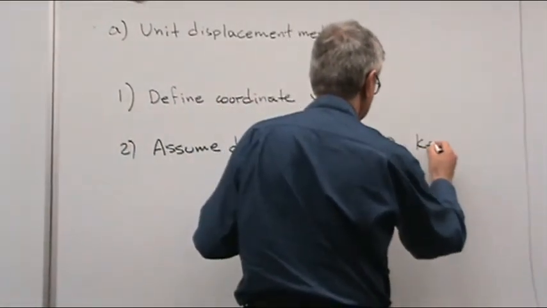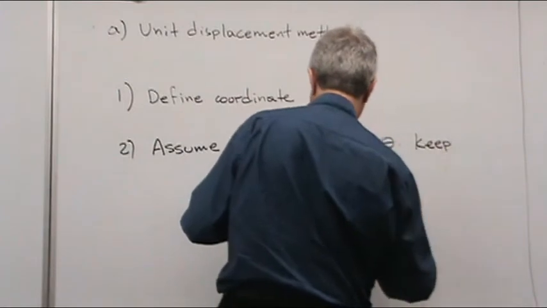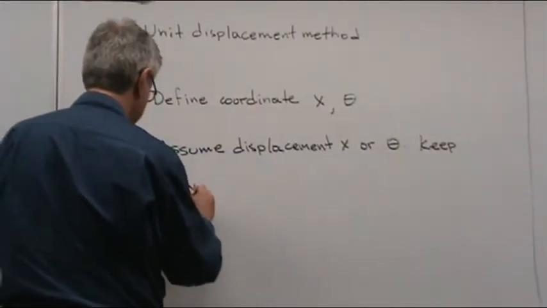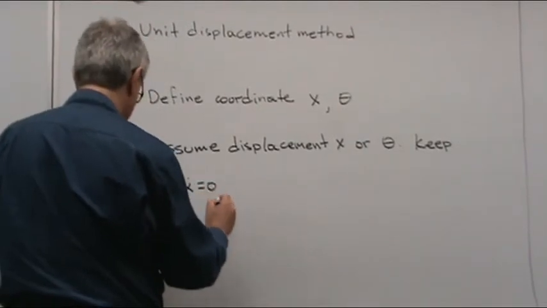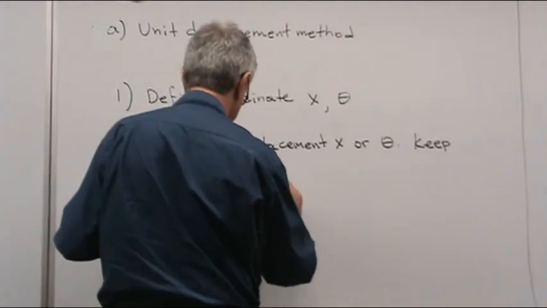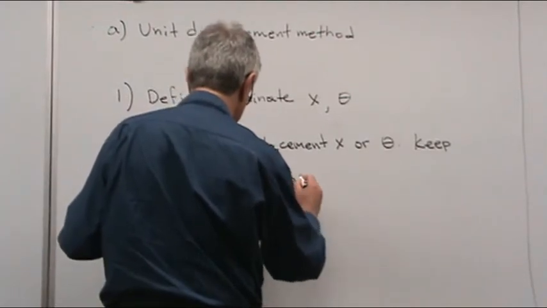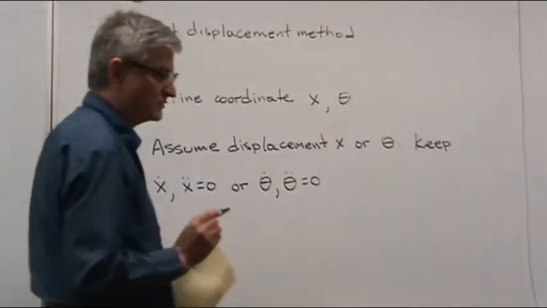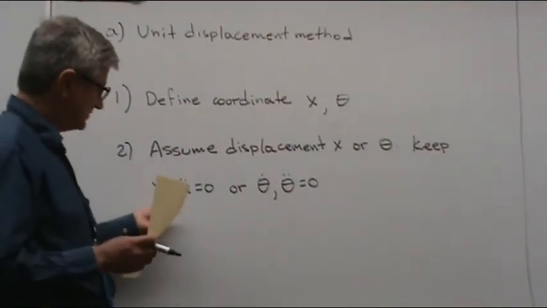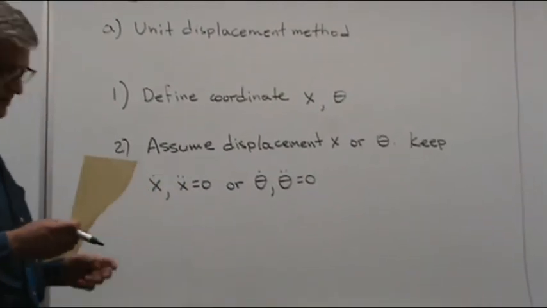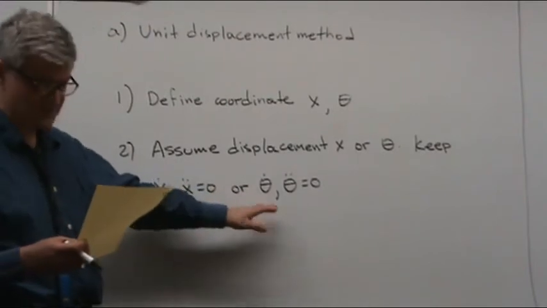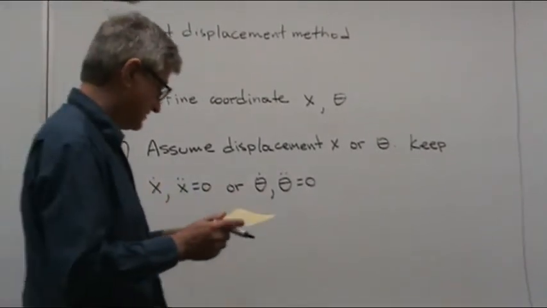Keep the velocity and the acceleration equal to zero. Or if you deal with rotations, the angular velocity and the angular acceleration equal to zero. Okay? And then you find the force in case of the displacement, or the torque or moment, if you deal with rotations, to produce this result.